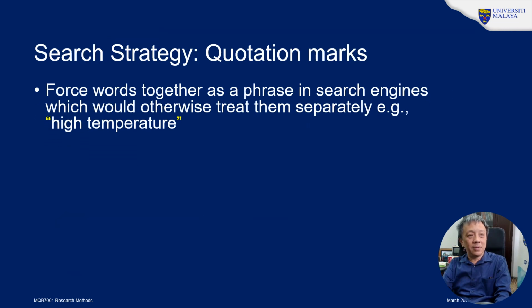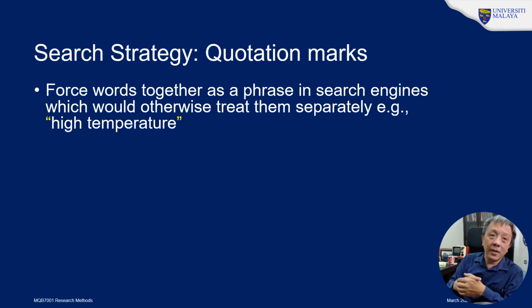Quotation marks. So what do quotation marks actually do in a search? If you put high temperature in your search, even Google will search high and temperature. Currently I think they are much smarter, they can search a complex word.